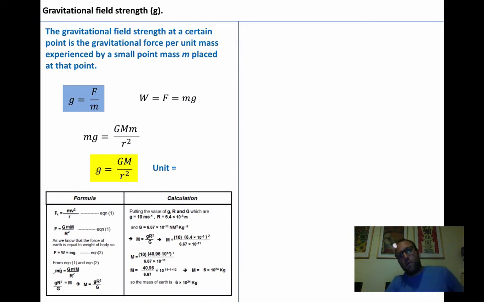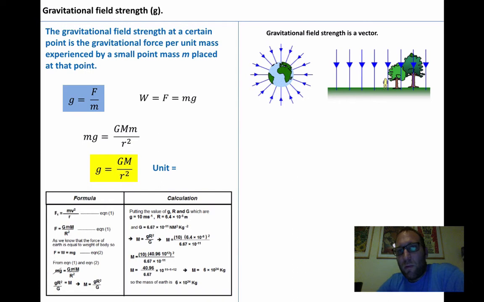So, the next thing. Remember, gravitational field strength is a vector. In the case of gravitational fields, it always points towards the object, the mass, and in this case it's the Earth. Now, have a look at the diagrams on the right hand side. There are two different bits of information there.